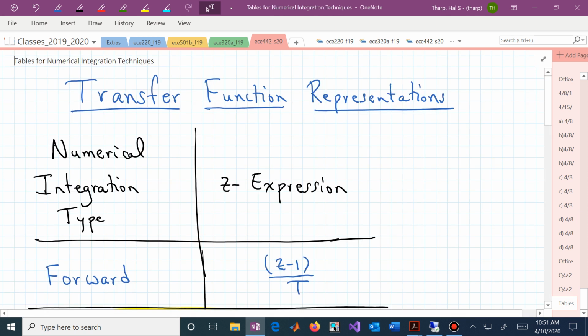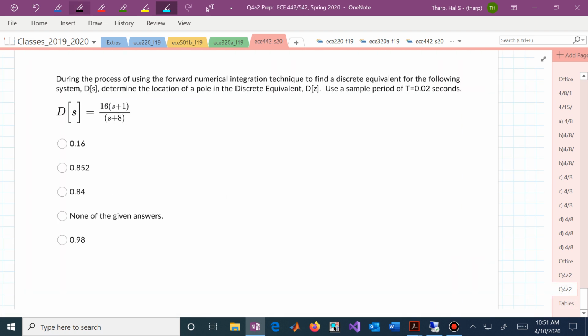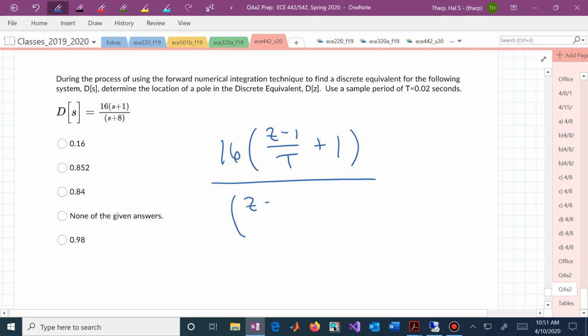You now need to go back and say, oh, now I need to replace s with z minus 1 over T. Now I have 16 times z minus 1 over T plus 1, over z minus 1 over T plus 8.